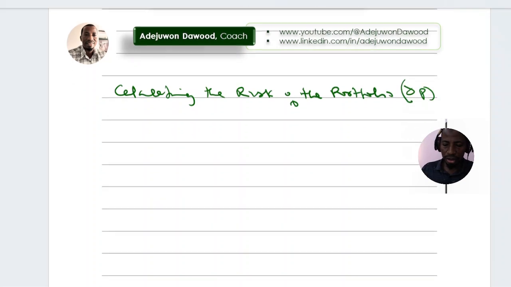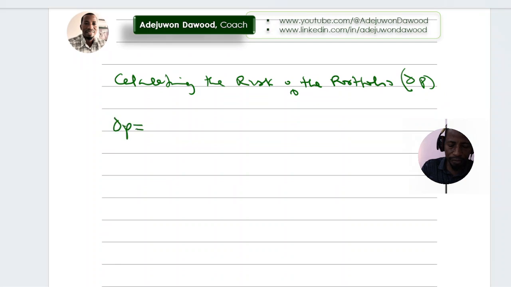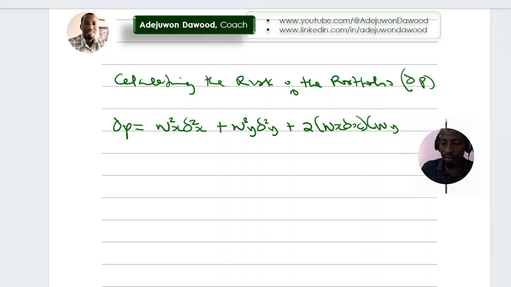Using the formula method, the risk of the portfolio will be computed as the proportion invested on security X, squared, multiplied by the variance of security X, plus proportion invested on security Y, squared, multiplied by the variance of security Y, plus 2 multiplied by the proportion invested on security X, standard deviation of security X, multiplied by proportion invested on security Y, standard deviation of security Y, multiplied by the correlation coefficient between security X and Y. Then we find the square root.